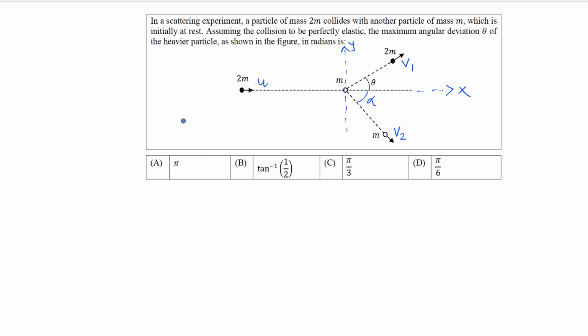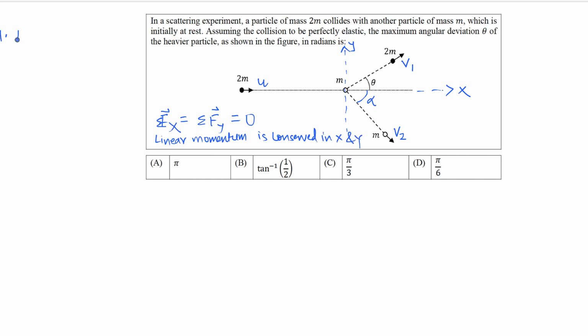You will notice that the sum of all forces in the x direction, and the sum of all forces in the y direction, are 0. So we can conclude that linear momentum is conserved in both directions, in x and y.